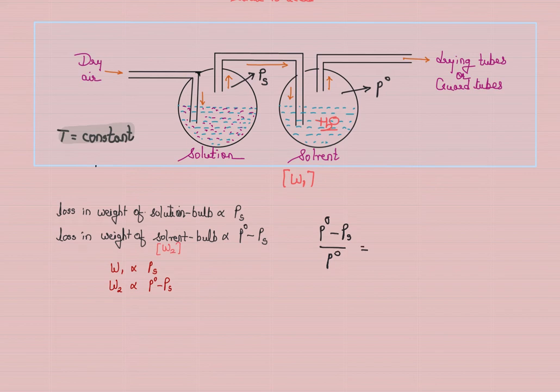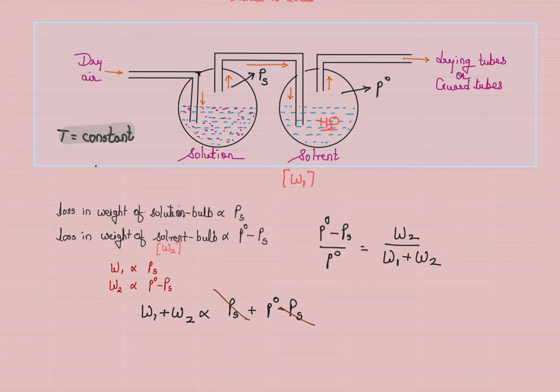Now, in terms of loss in weights of these two bulbs, we can put it like this: PO minus PS is equal to W2. And what is PO? PO is nothing but W1 plus W2. Why? Because W1 plus W2 would be proportional to PS plus PO minus PS, so if you cancel this out, it is PO.